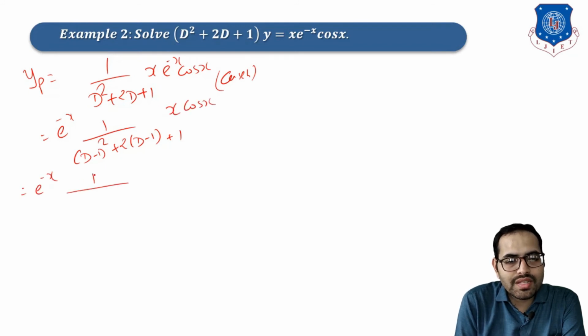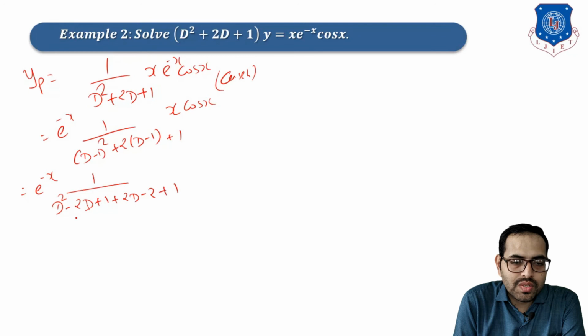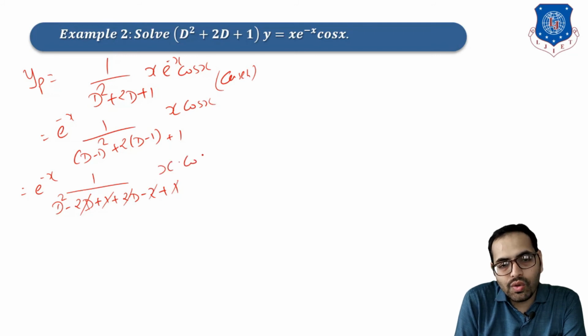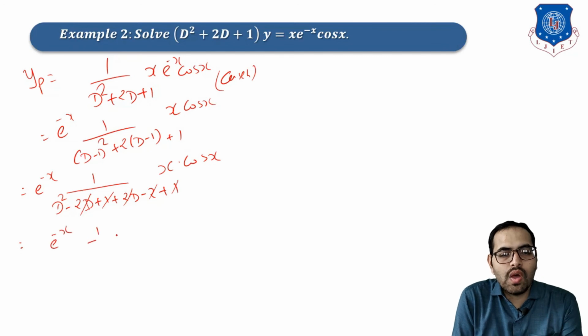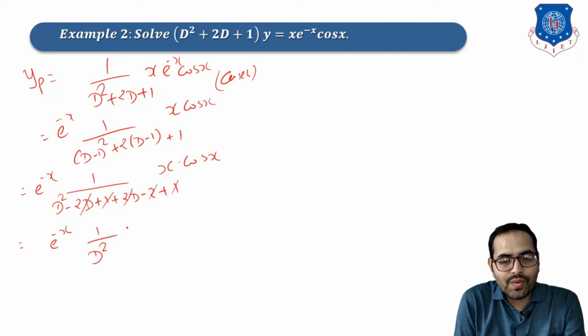Expanding these brackets, D square minus 2D plus 1 plus 2D minus 2 plus 1. Obviously minus 2D plus 2D cancel out, 1 plus 1 is 2, 2 minus 2 cancel out. Here x into cos x. Then the remaining term is e raised to minus x, 1 upon D square of x into cos x.